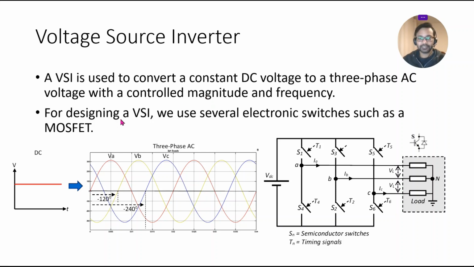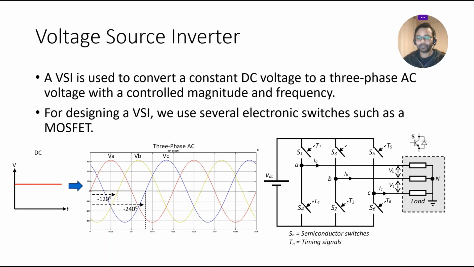So for designing a VSI circuit, generally, we use switches, that is electronic switches, such as MOSFET. Okay, so in this video, we'll be using MOSFET to implement this VSI inverter circuit.